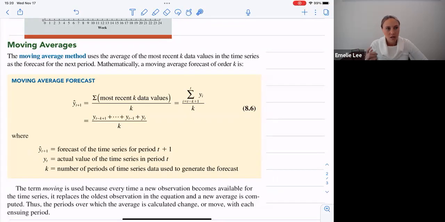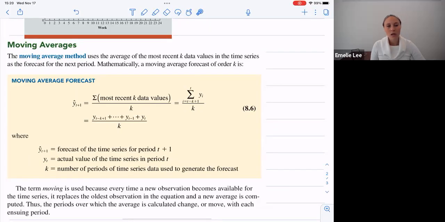Okay. And so if we're doing a moving average of order K, so a 3 moving average, a 4 moving average, whatever, then we take the sum of the most recent K data values and divide by K, of course.